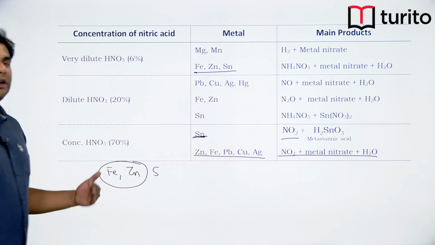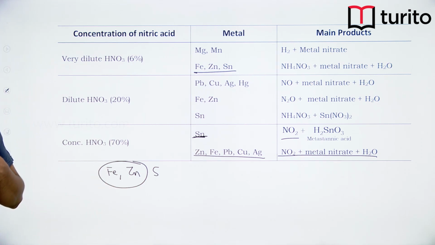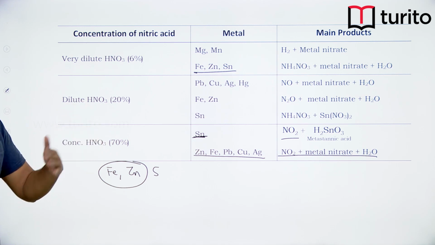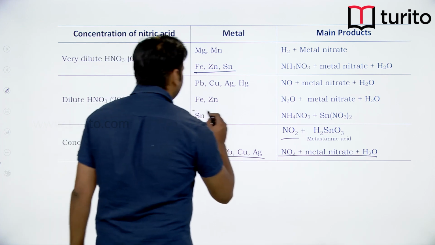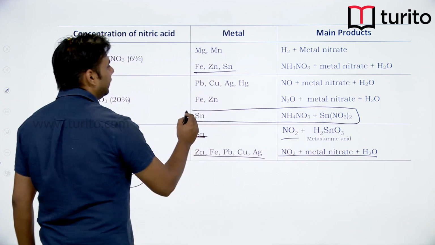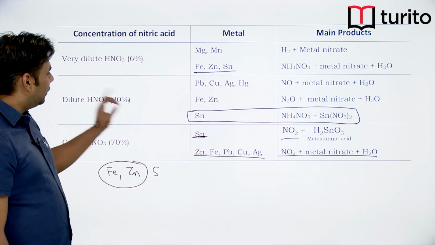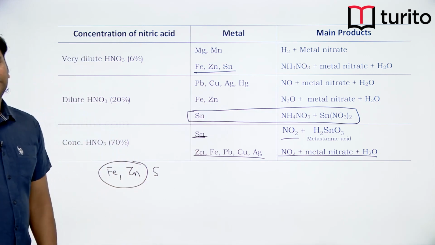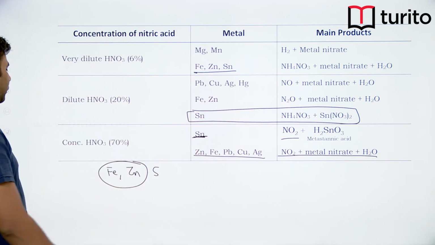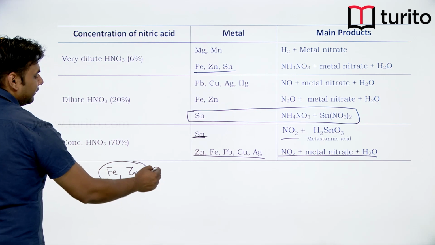For the rest, with dilute HNO3, Pb, Cu, Ag give NO and the respective nitrate. Again there is an exception with tin: tin on reaction with dilute HNO3 also gives us NH4NO3. So you have to remember this as Fenzens.